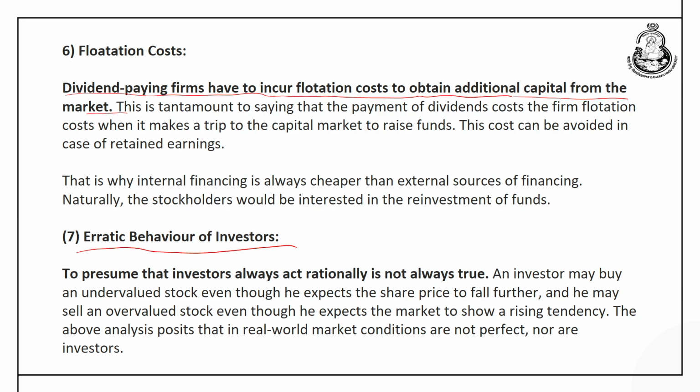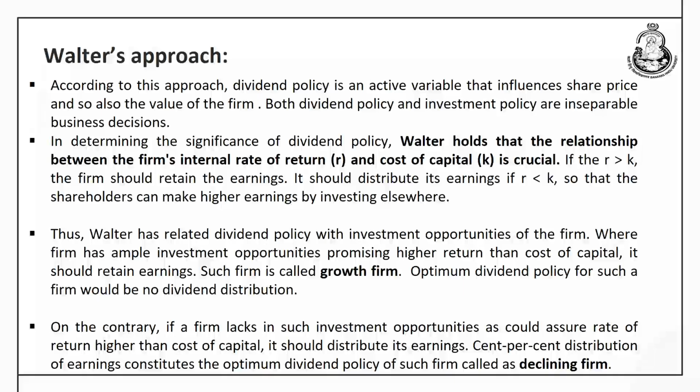Sometimes they may buy a security which is overvalued, and sometimes they would start purchasing even an undervalued stock, even though they expect that the share price may fall further. So, that means we cannot predict the behavior of the investors in real conditions.